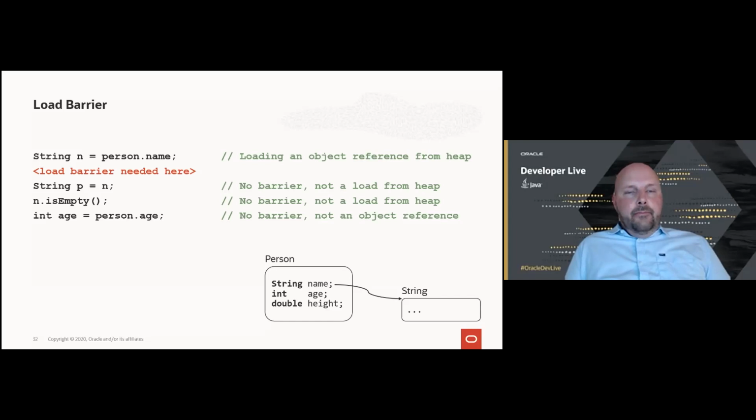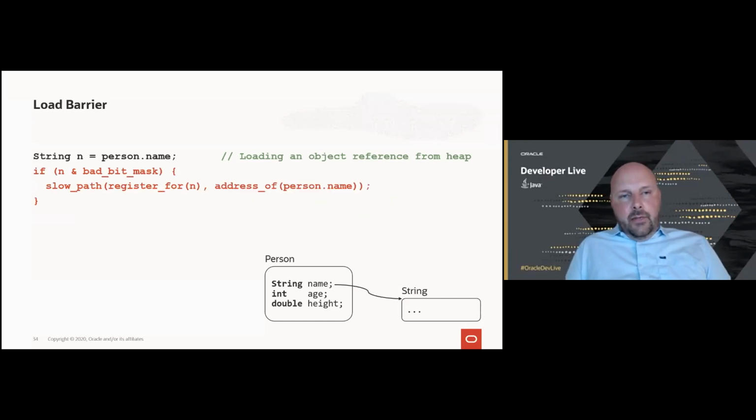So if we zoom in a bit on the load barrier and expand that, it will conceptually look like this. The reference we just loaded into n is tested against something called a bad bit mask. This bad bit mask is a global state telling us what colors we should be considering to be bad at this time. Exactly what colors are considered good or bad at any given time depends on which GC phase we're currently in.